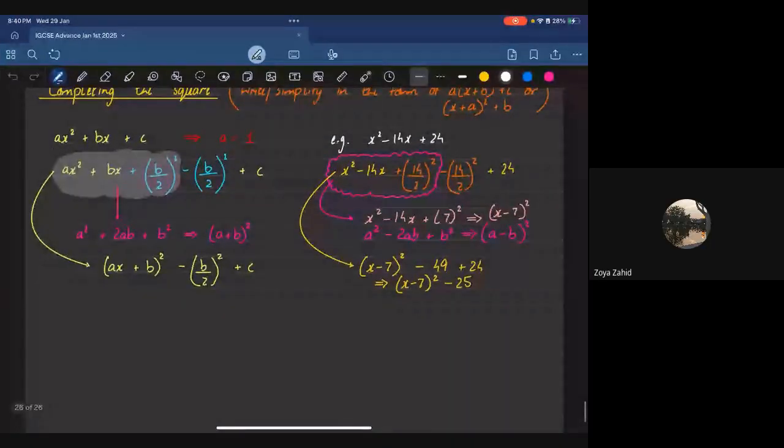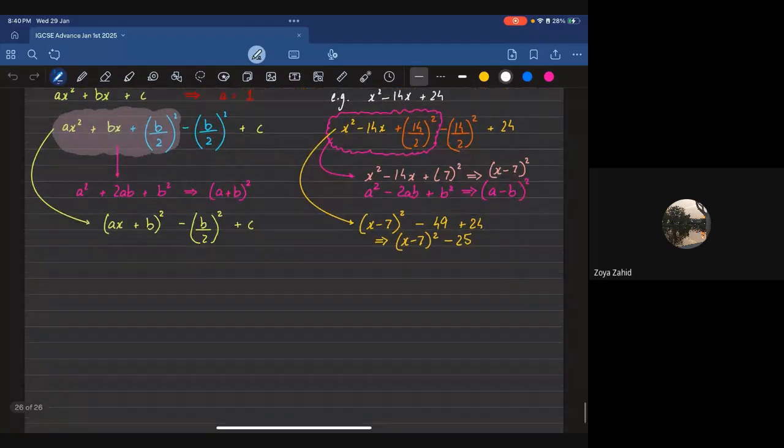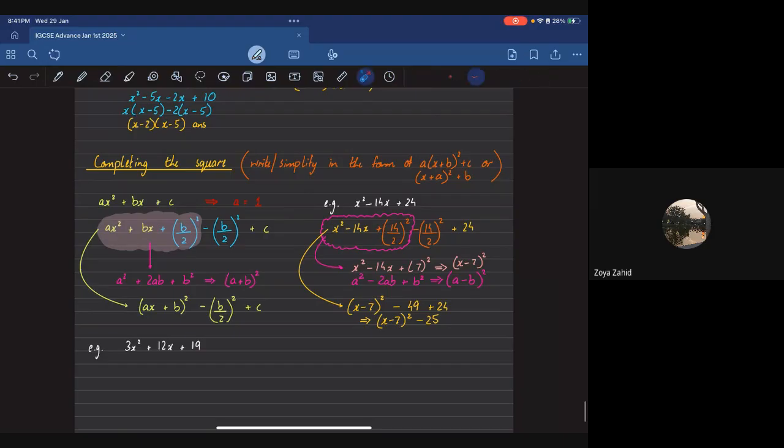So the question is, I think, a past paper question, that says 3x squared plus 12x plus 19. And you have to express this in this form, in the form of a and whatever it is.